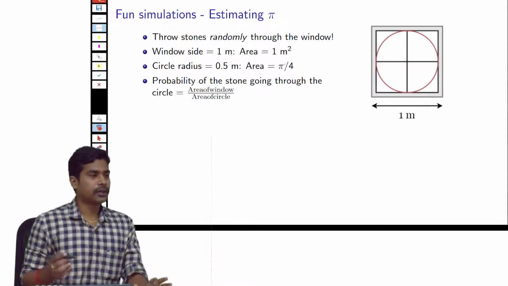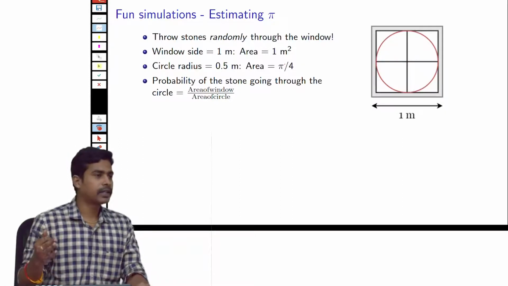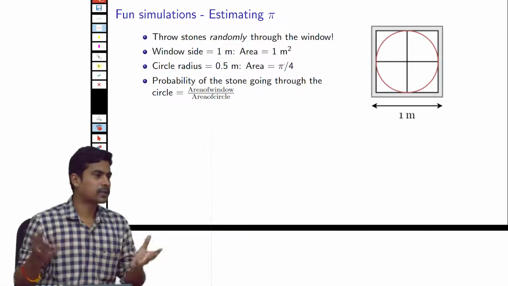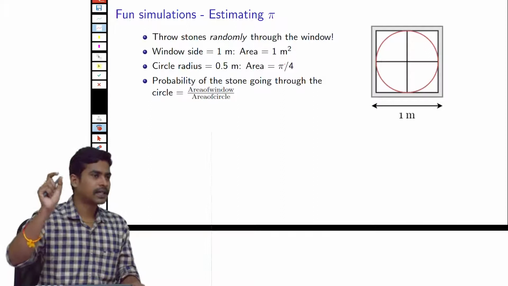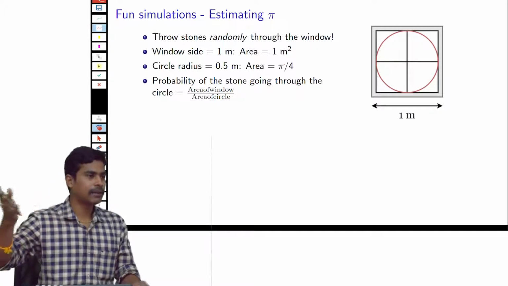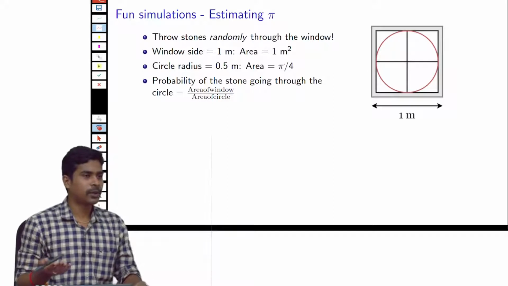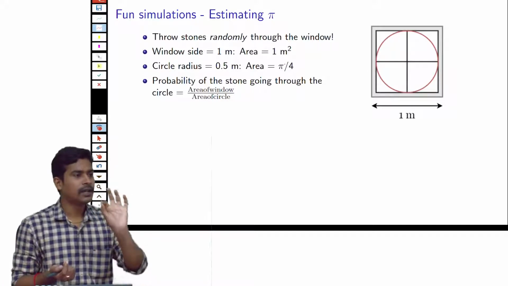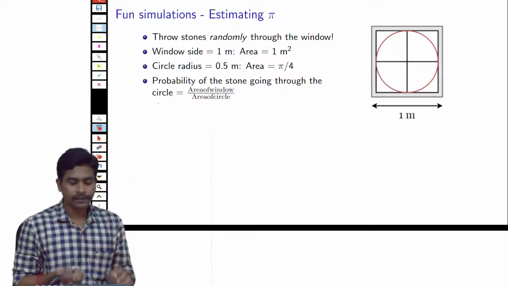Suppose you are throwing n number of stones, let's say, randomly, but you are not preferentially throwing it so that it goes inside the circle or avoids the circle. You are just randomly throwing the stone. After throwing each of the stones, you are measuring if it is going inside the circle or inside the rectangle but not inside the circle.